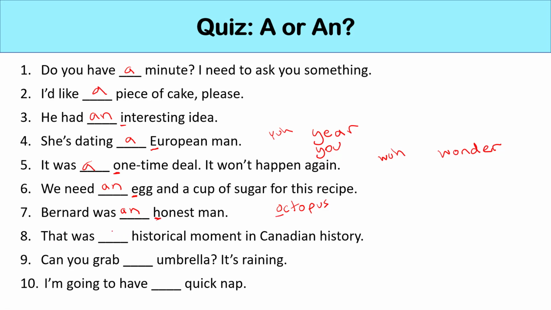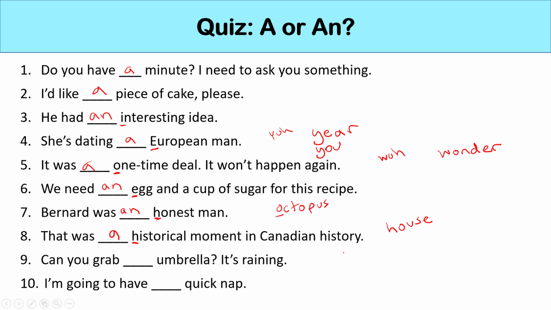Number 8, that was a historical moment in Canadian history. Now again, this word historical begins with an H, but this H is not silent. Historical, like house. And because we pronounce the H, it has a consonant sound, so we say a historical moment.